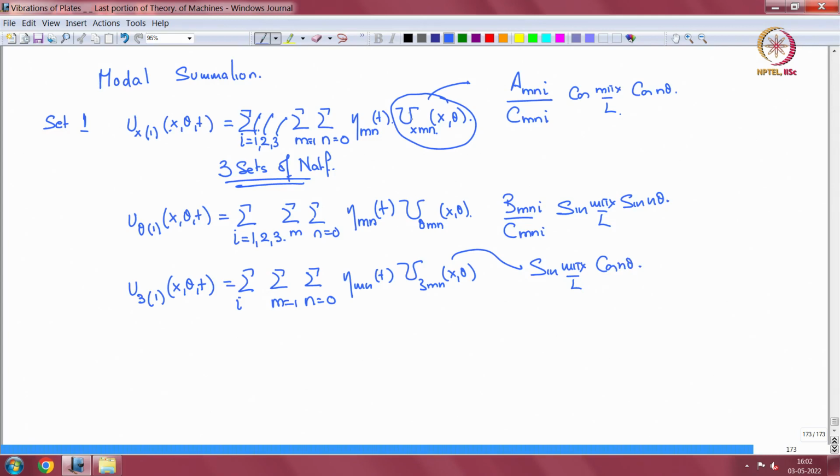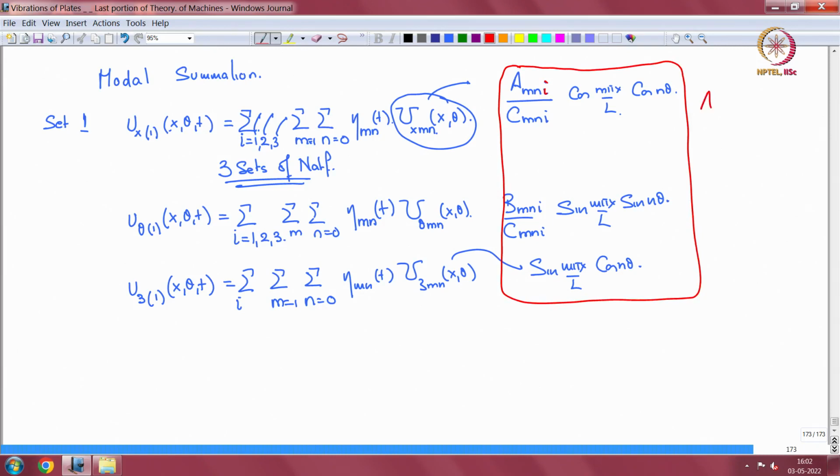Okay. And this together is one mode. If I is equal to 1, this is the axial mnth mode. If I is 2, this is the torsional mnth mode. And if I is 3, this is the transverse or radial mnth mode.